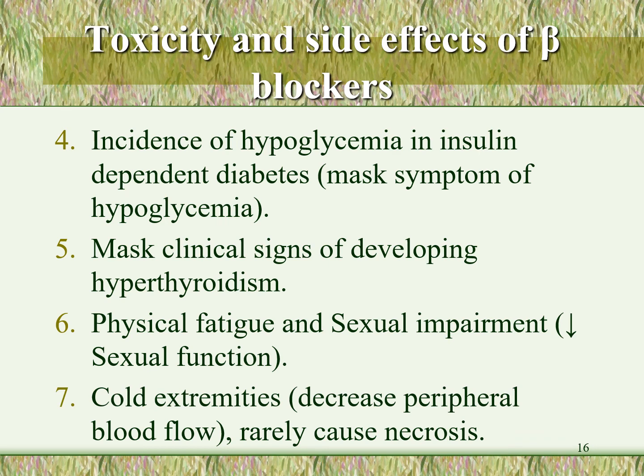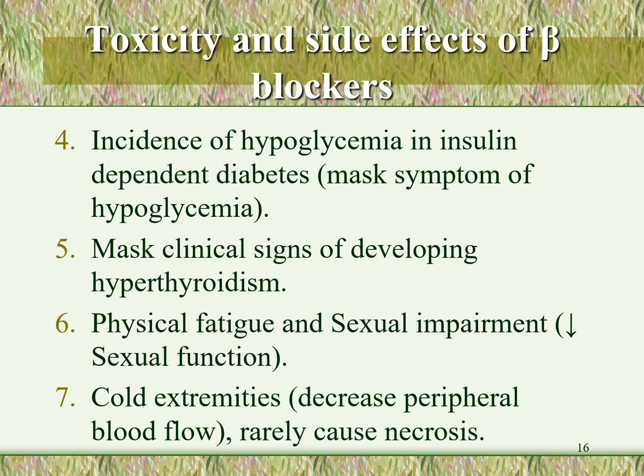Beta blocker also can result in cold extremities. This is due to the decreased peripheral blood flow. We know that the blood supply to the extremities brings the blood combined with heat. So the beta blocker can prevent these effects and lead to cold extremities, because as we know, beta, especially beta 2 receptors that are present in blood vessels, can lead to vasodilatation, the opposite of alpha 1 receptor.